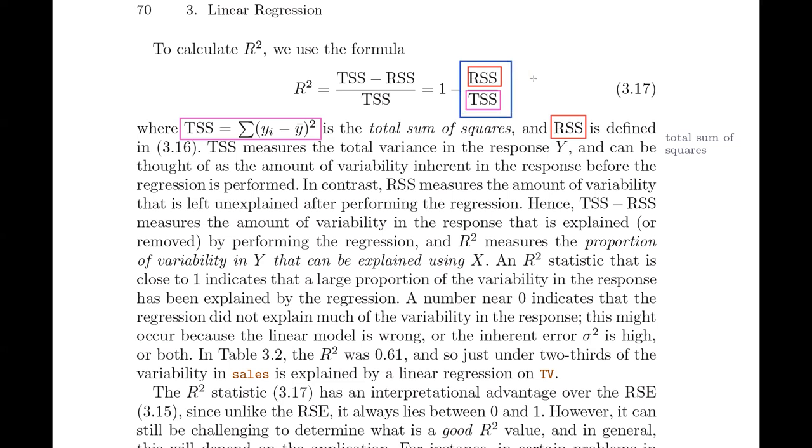We're not going to have units over here. The lower the blue is, the closer R squared is to 1. So you want it as close as possible to 1.